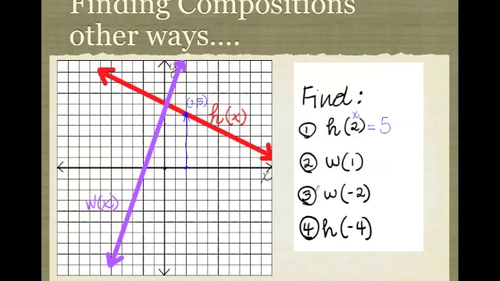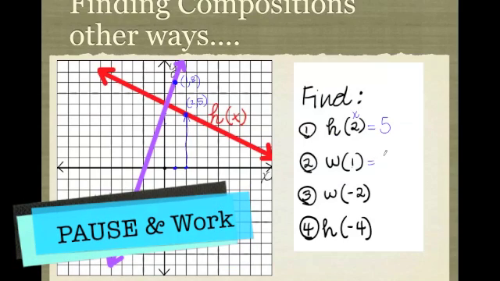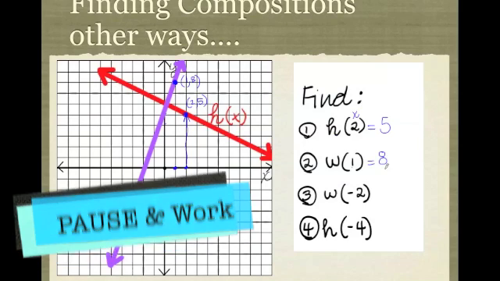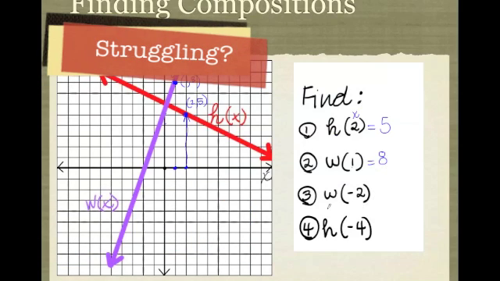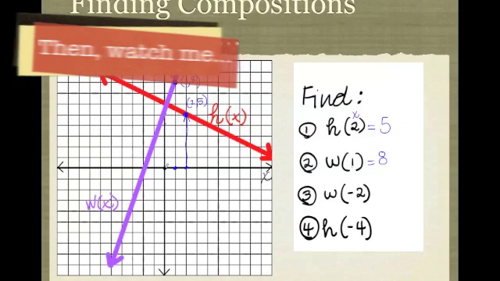If I do the same thing with w, so now I want w of 1, I'm going to 1 here on my x-axis. I'm going up, and I get to this point on my w function. This is 8, so I know at 1, the w function equals 8. Okay, w of negative 2.